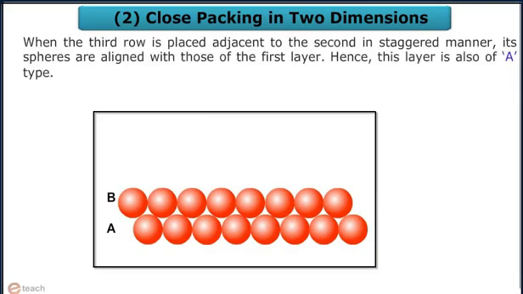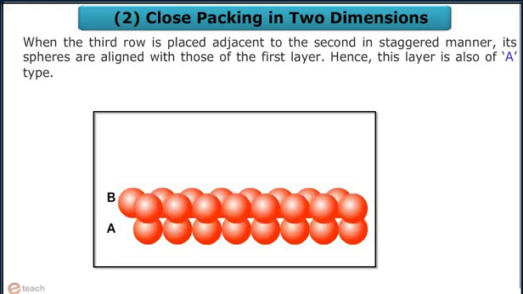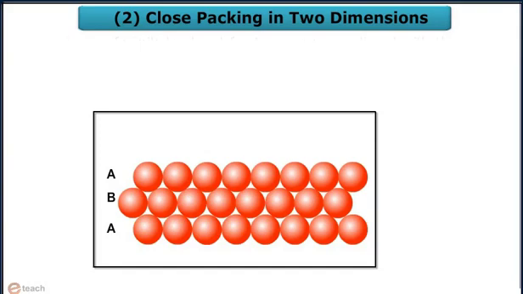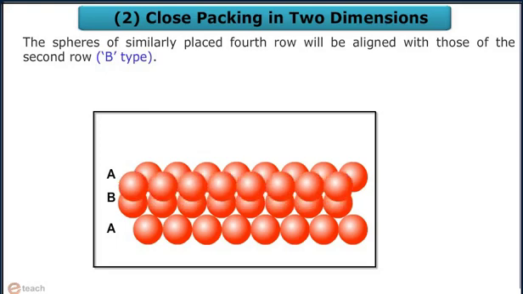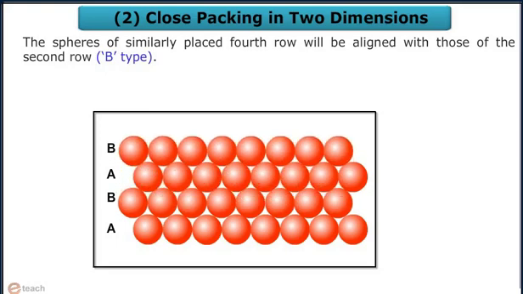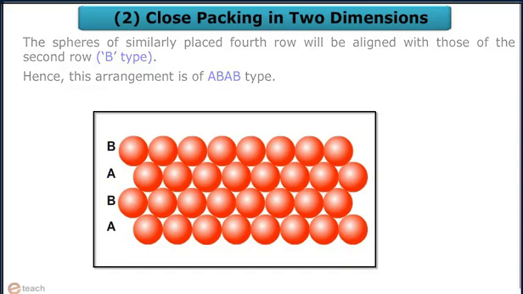When the third row is placed adjacent to the second in a staggered manner, its spheres are aligned with those of the first layer. Hence, this layer is also of A-type. The spheres of a similarly placed fourth row will be aligned with those of the second row, that is B-type. Hence, this arrangement is of ABAB type.